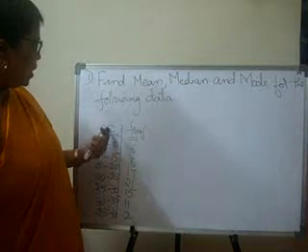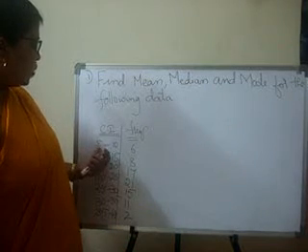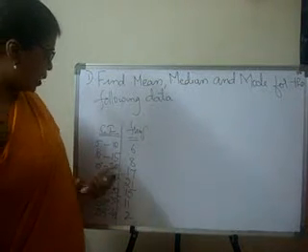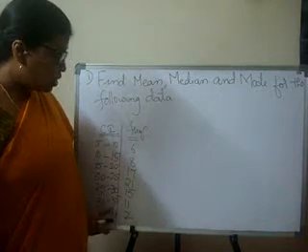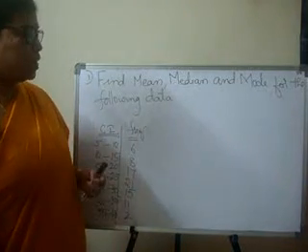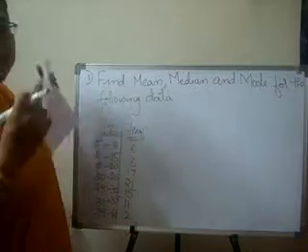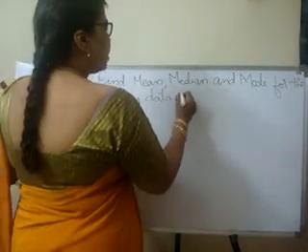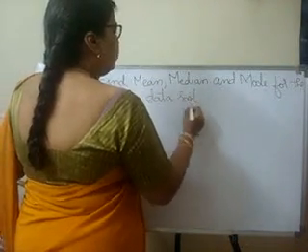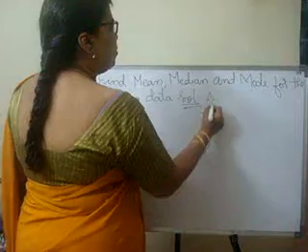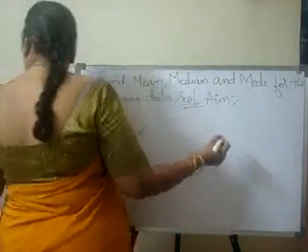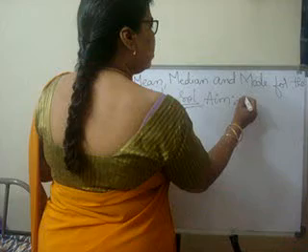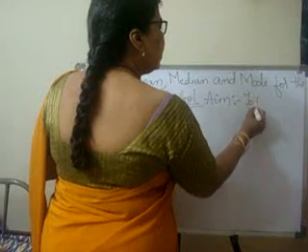So, find mean, median and mode for the following data. The data is given as class interval 5 to 10, 10 to 15, 15 to 20, 20 to 25, 25 to 30, 30 to 35, 35 to 40 with the following frequency. Now, we will start our problem solution. First, we have to write the aim. What is the aim?